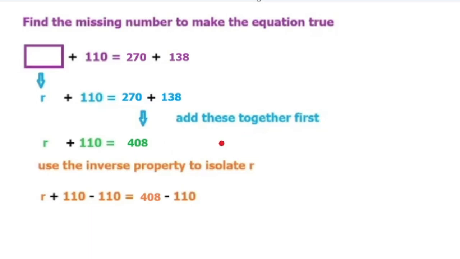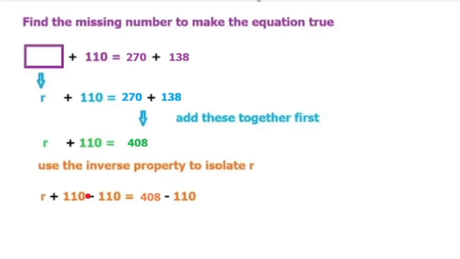Then we use the inverse property to isolate r. So the inverse property is whatever you do to this side of the equation, you have to do to this side of the equation. So to isolate r, we have to subtract 110, right? We want to try to get rid of this number.